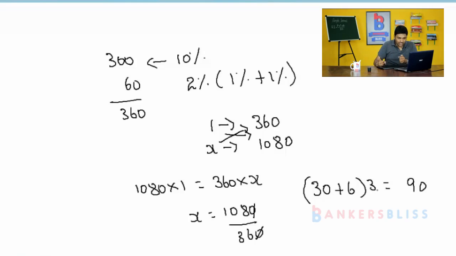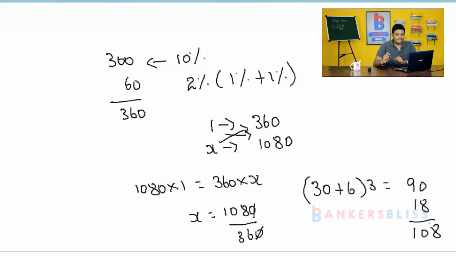Next 6 into 3 is 18. If you add both the two, 90 plus 18, 108. So 36 into 3 you will get 108. This has to be done in your mind itself. You should not use any paper and pencil.